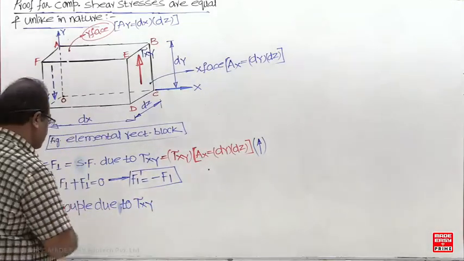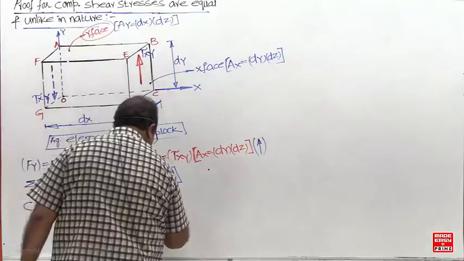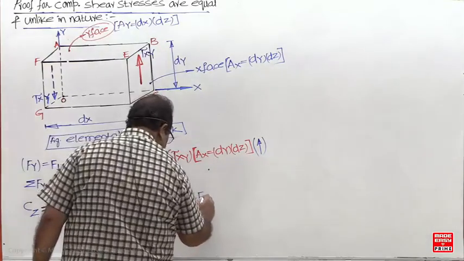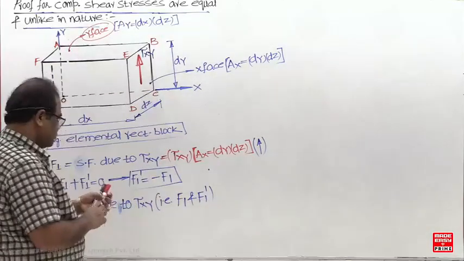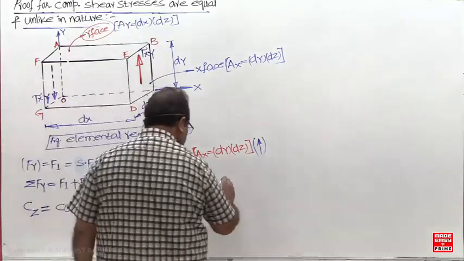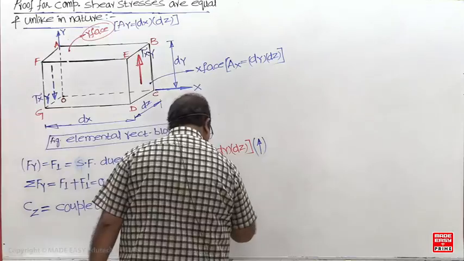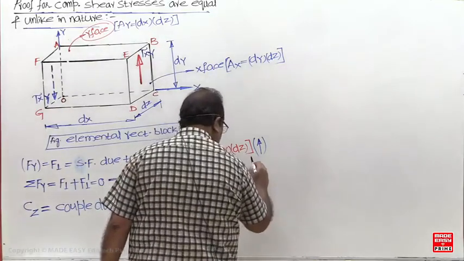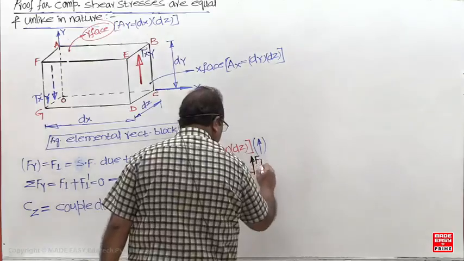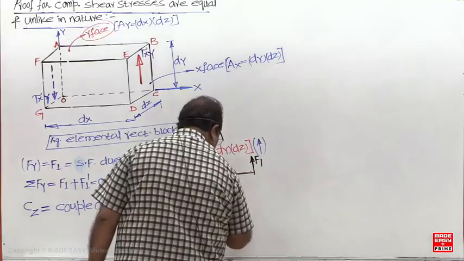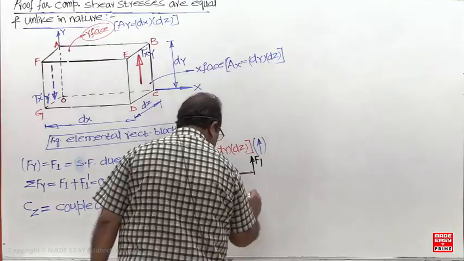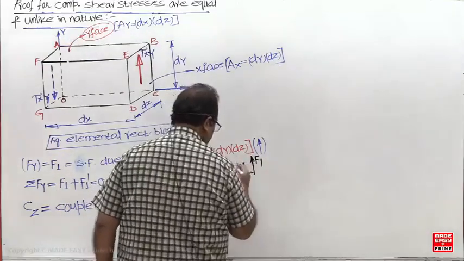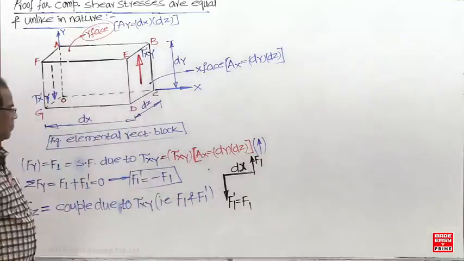Couple due to tau xy. What is the distance between these two? dx.